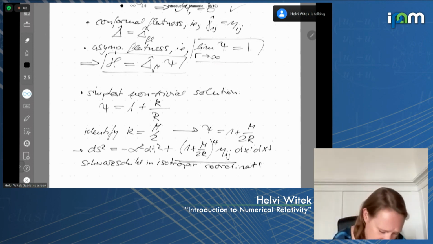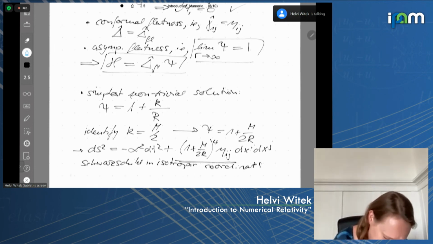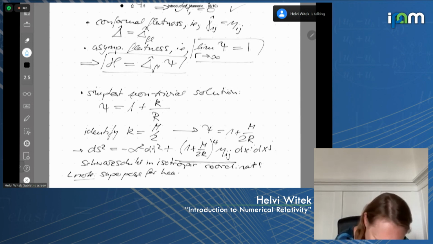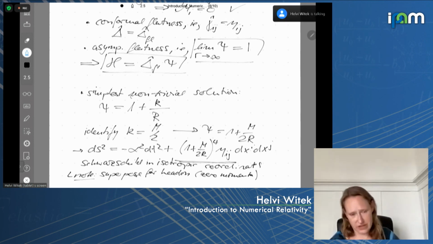And let me just add that as a note, as we are at the end of our slides. So we superpose the solution for just head-on collision where we have zero momenta. And this is also a seed solution, so we have to work a bit harder.